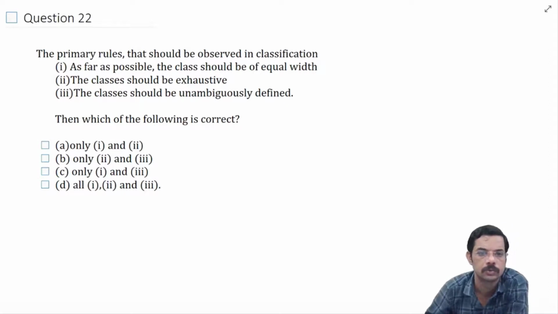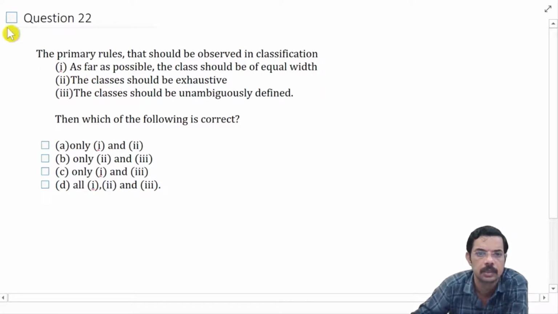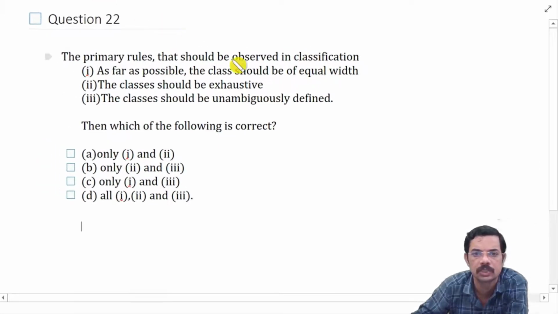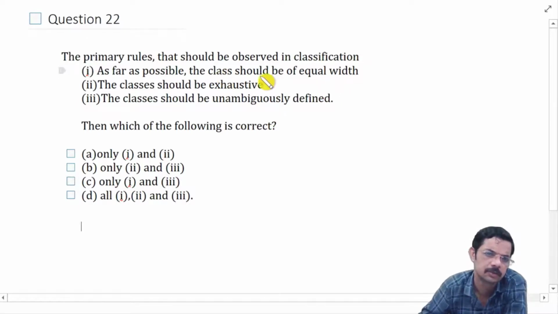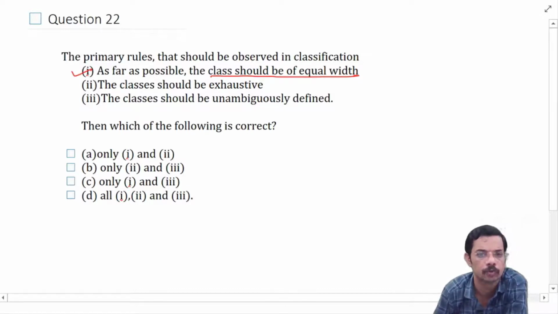Look at these questions. The primary rules that should be observed in a classification: as far as possible, the class length should be equal width, the classes should be exhaustive, the classes should be unambiguously defined. From my point of view, all the points are appropriate. Yes, we should be taking care that the classes should be of equal width, as much as possible, or we try to make them equal.